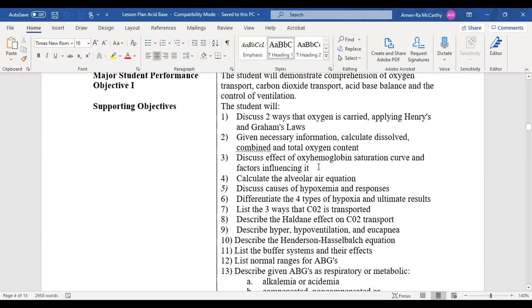Discuss the oxyhemoglobin saturation curve and the factors that influence it. We personify hemoglobin, and I usually say she likes CO2 way more than she likes oxygen. She has an affinity.